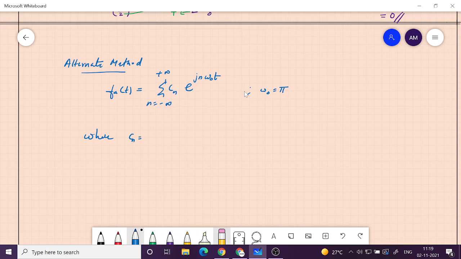If you forget, we can always derive it: f of t into e raised to jn omega 0 t. They are orthogonal, so it will be only this much. So this is 1 by T integral 0 to T, the period, which is basically 2 in our case, or let me first write the formula generically, f of t into e raised to minus jn omega 0 t. So this is what we need to find out.